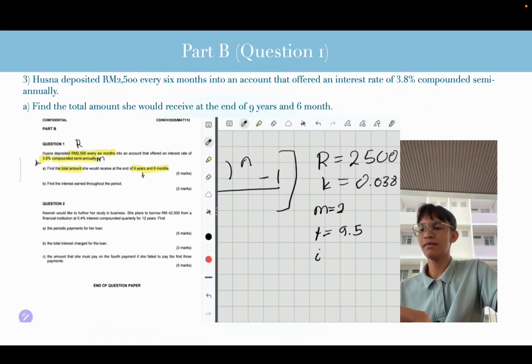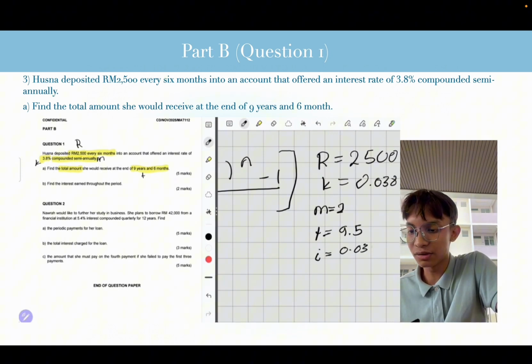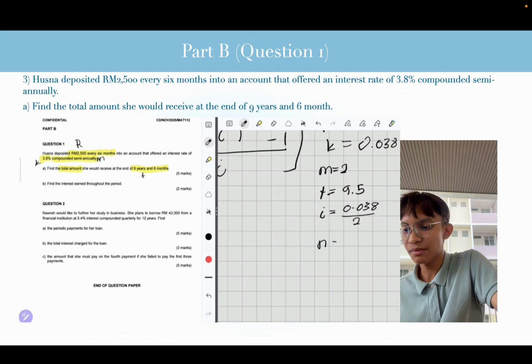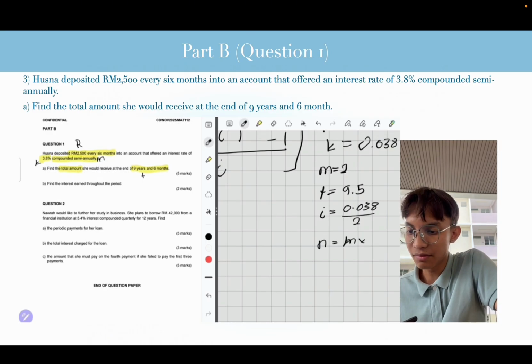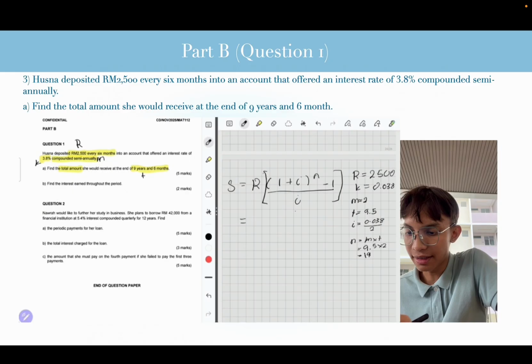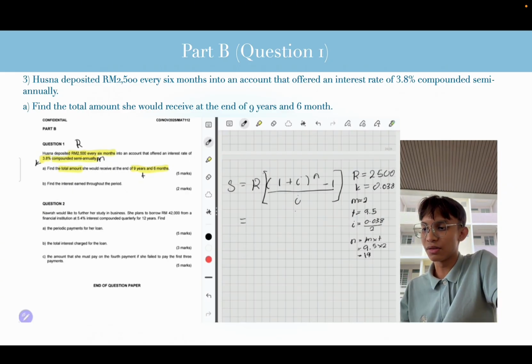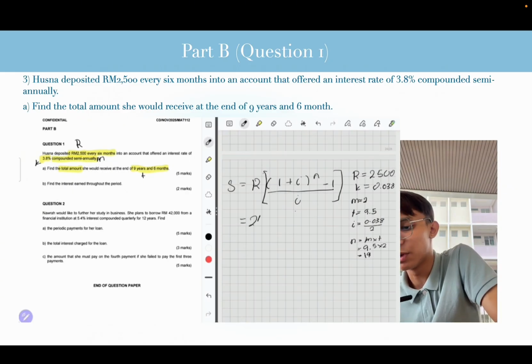Okay, so let's find the I. The I equal to 0.038 over 2. And the N is M times T, so equal to 9.5 times 2, so equal to 19. Okay, let's just move the information into the formula.